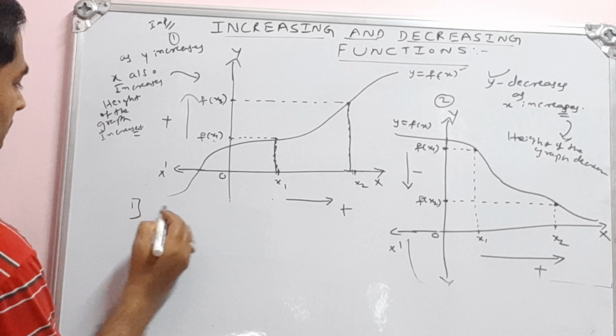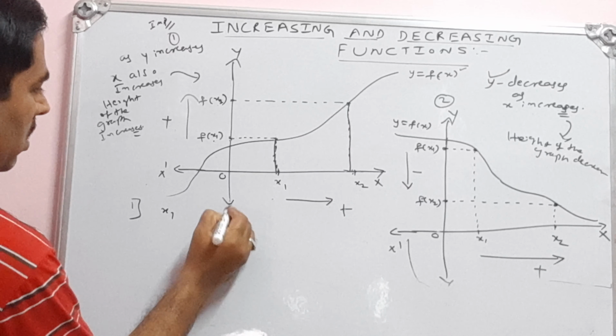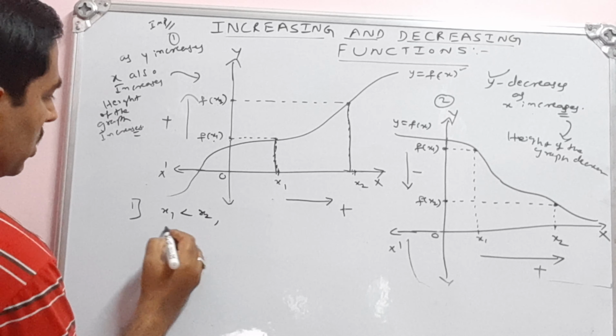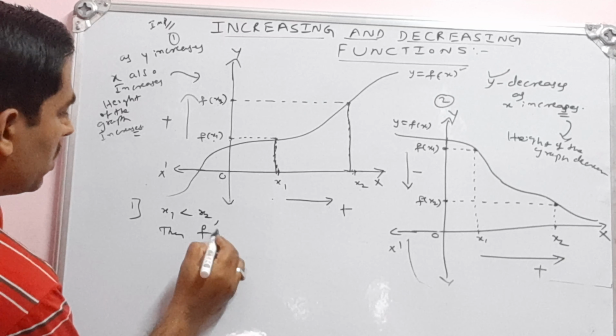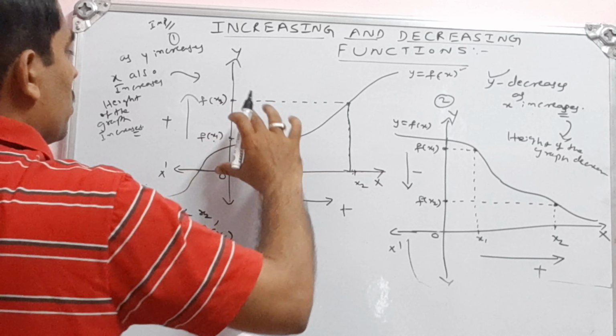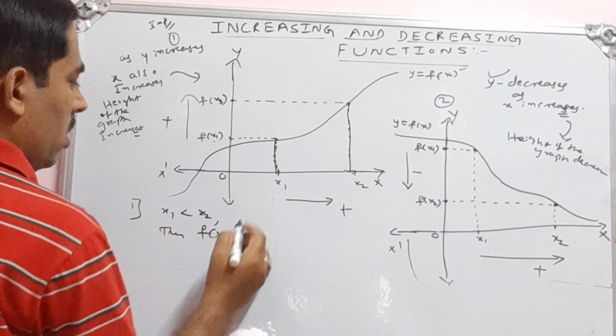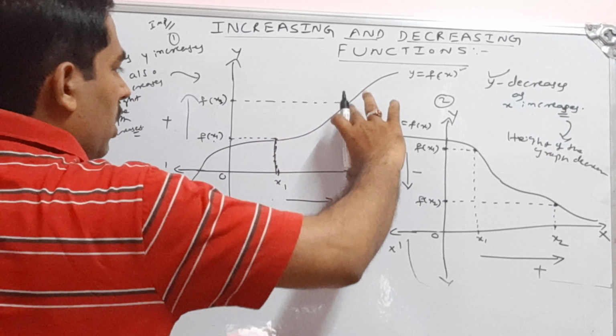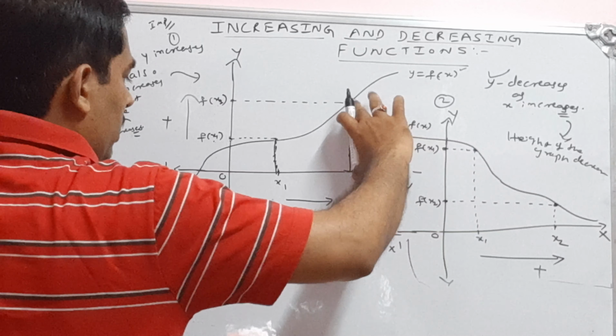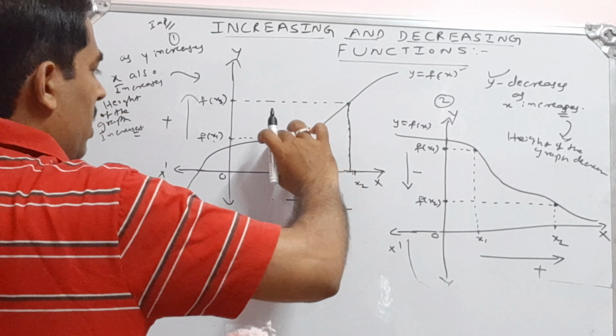Increasing means, observe this, x1 less than x2, then f of x1 is less than f of x2, or f of x2 is greater than f of x1. So this is called increasing. I will write the symbol here. This is called an increasing function.